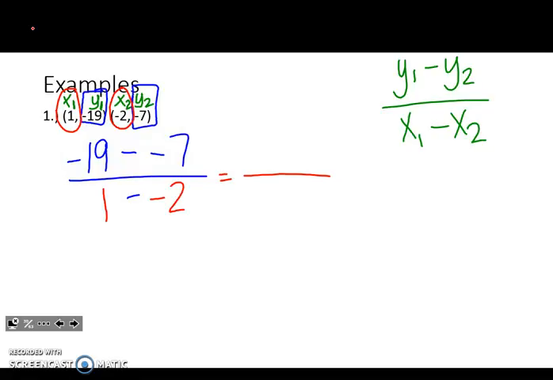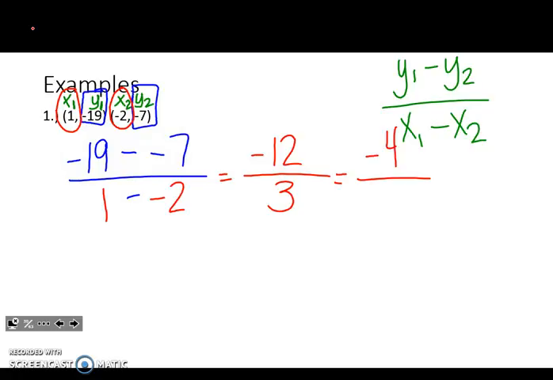So negative 19 minus a negative 7 is a negative 12. And 1 minus a negative 2 is a positive 3. If you double check to make sure you can simplify, I know that 3 will go into 12 and 3.